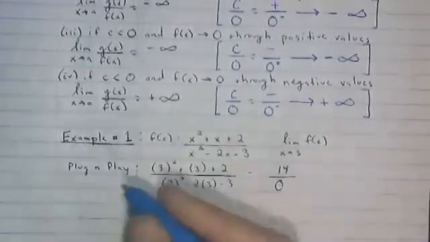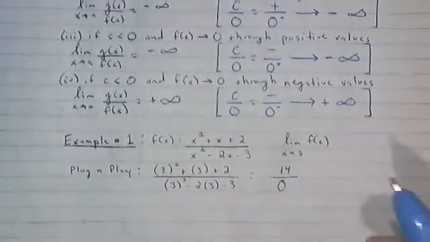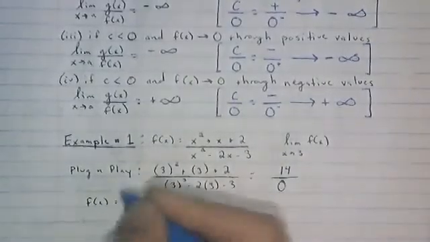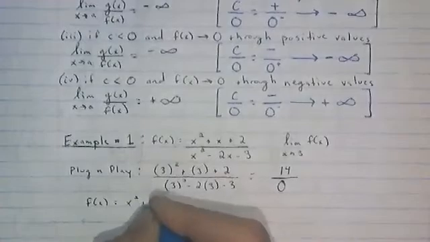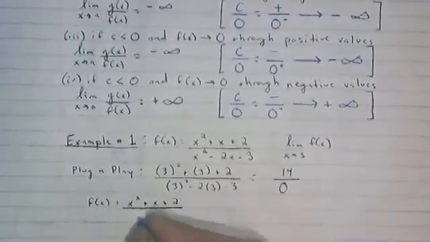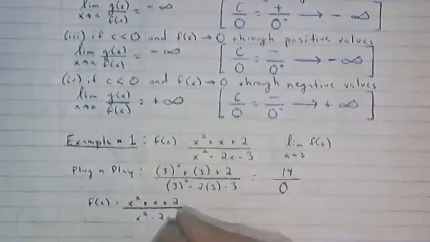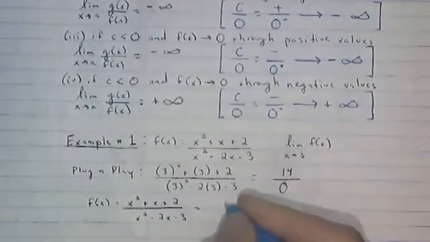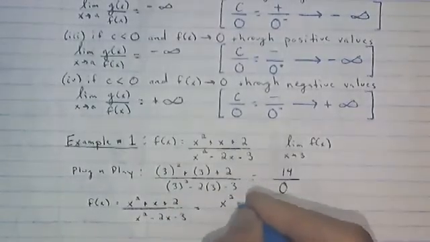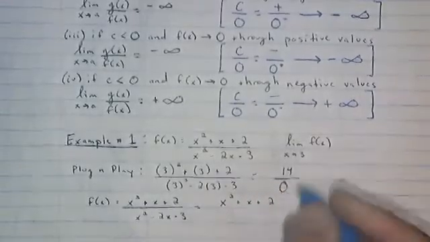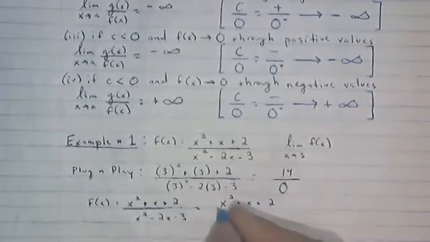We'll call this part A. Well, first, actually, let's notice that f of x equals x squared plus x plus 2 divided by x squared minus 2x minus 3. The top you're kind of stuck with. That thing won't factor. No real roots. I guess that's not fair to say.